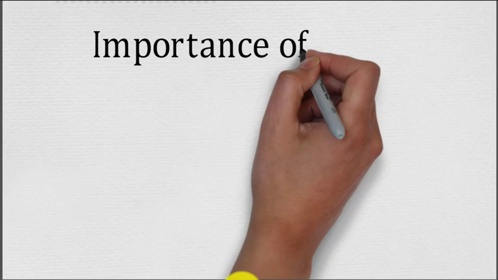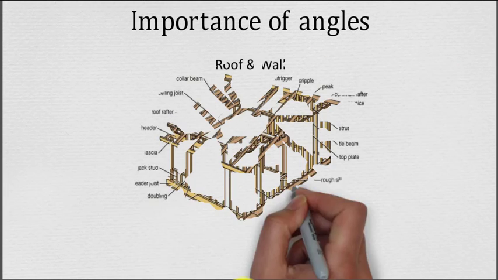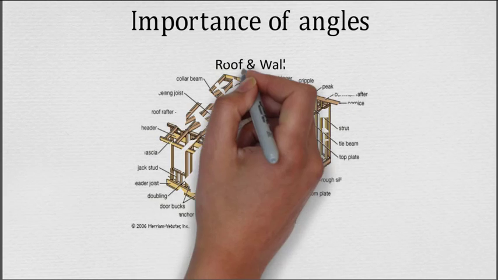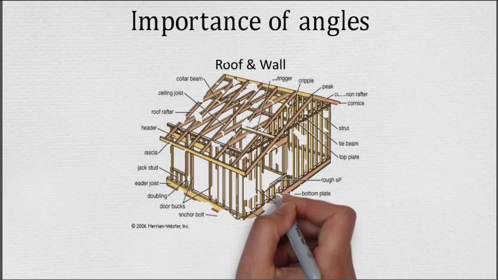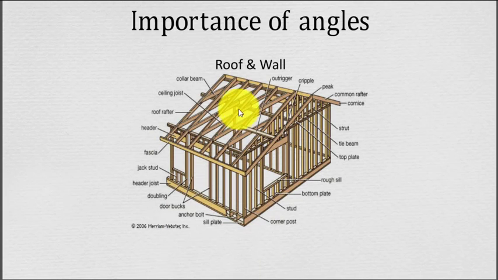Now I will tell you the importance of angles. In building construction, angles are very important. If we look closely at this construction, all the shapes are precise with the angles. This part is a rectangle, is it not? And this part is a triangle. Here this part is also a square, or I mean, it may be a square.